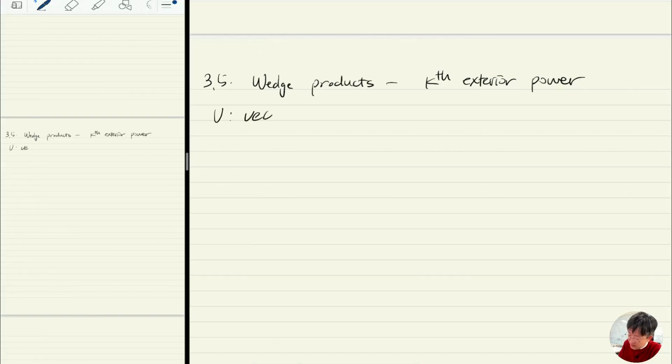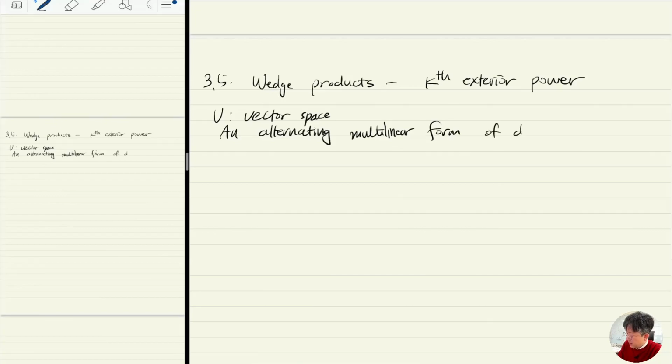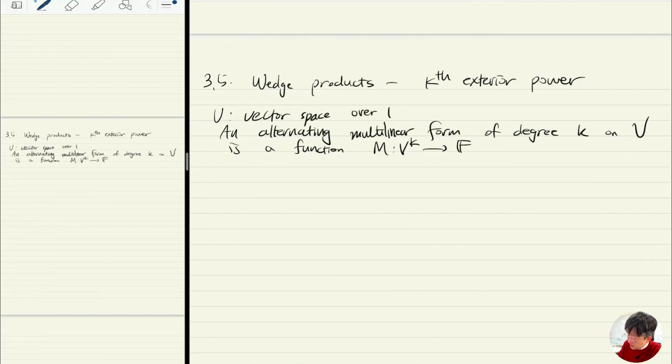So V is again a vector space, and an alternating multilinear form of degree k on V is a function m defined on V to the k, to the field F, where this vector space is over a field F, with the following properties.